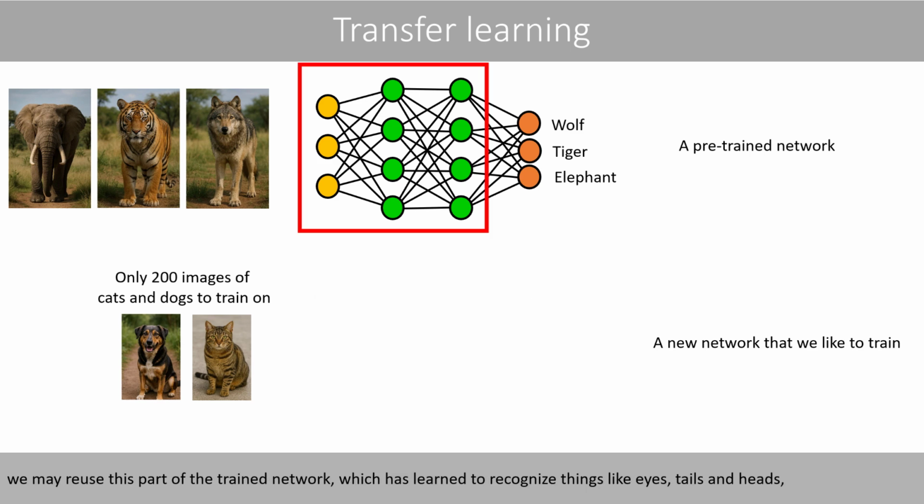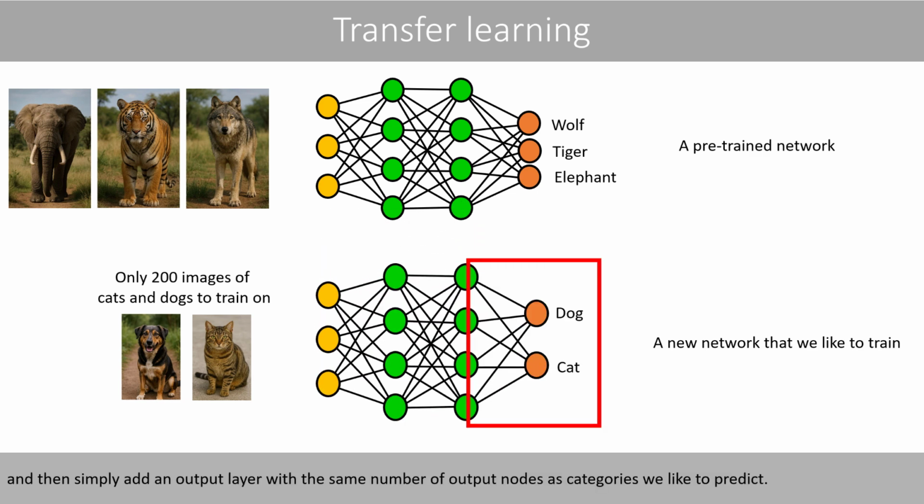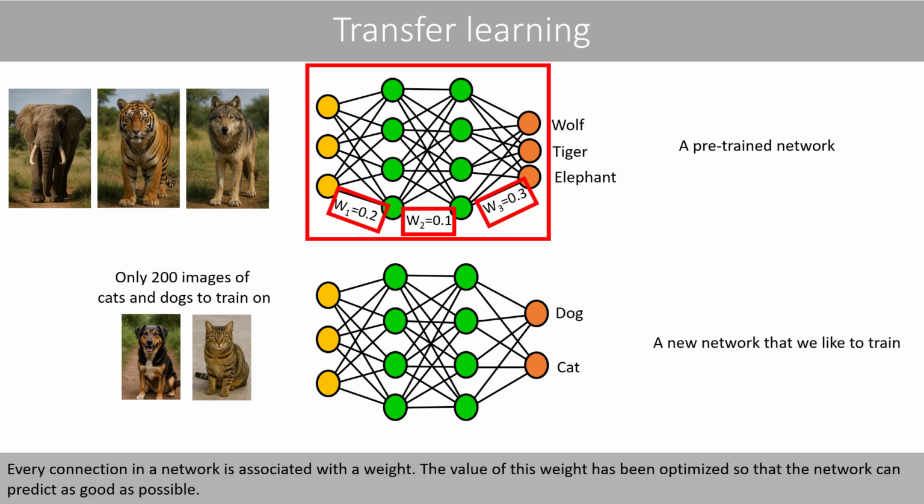We may reuse this part of the trained network, which has learned to recognize things like eyes, tails, and heads, to our new network, and then simply add an output layer with the same number of output nodes as categories we like to predict. Every connection in a network is associated with a weight.